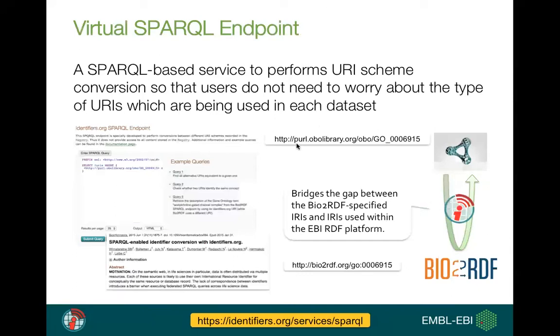So for example, I think the EBI RDF store uses Perl URIs for identifying gene ontology, and Bio2RDF uses Bio2RDF URLs. So in our registry, we store these different URI schemes.